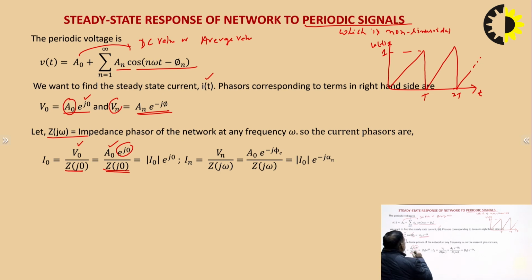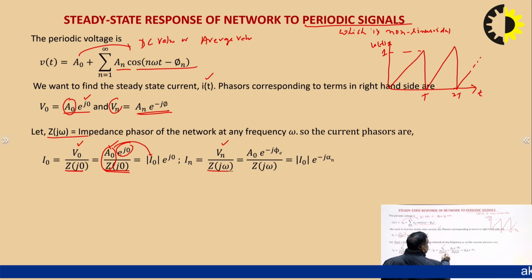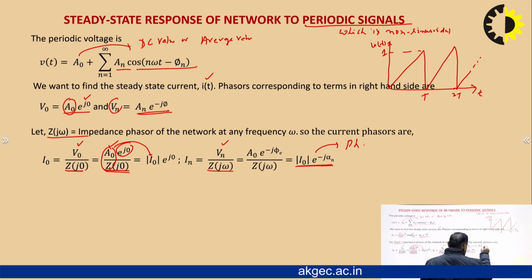So for the DC component it is A0 by Z, this is your I0, and we can find the DC current. For the nth current we write the nth component of the voltage divided by the impedance at j omega n. So this is the current in phasor form.